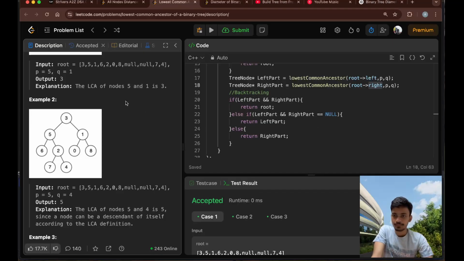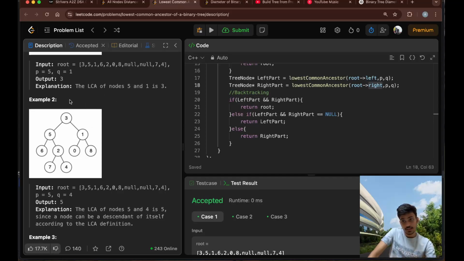5 and 4. 5 returns 5. 1, 0, null, returns null. Then its right part, left part, null, null, null, null.